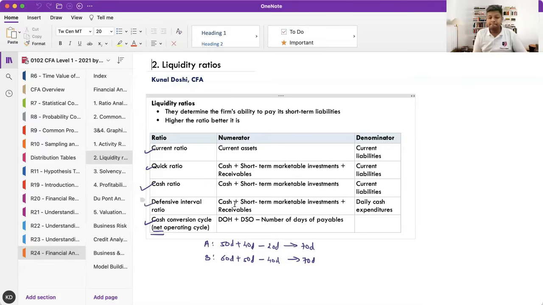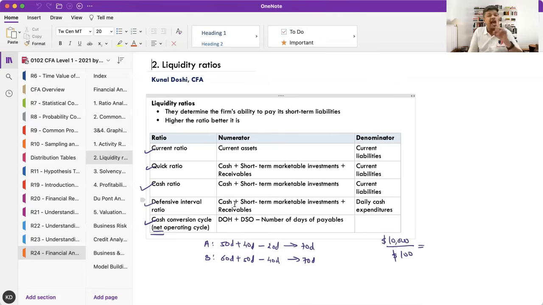Now comes the most interesting part. Let's say the cash that I require to manage my business on a daily basis. So I have daily operating expenses. Let's say I have around $100 of daily cash operating expenses. And the cash and marketable securities that I have in my company is $10,000.